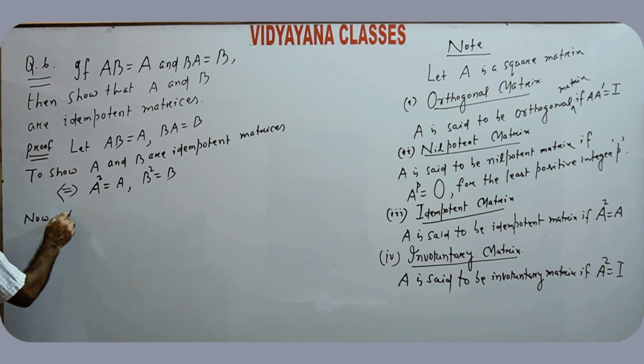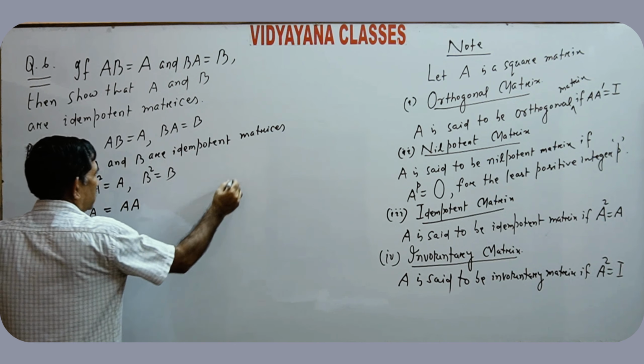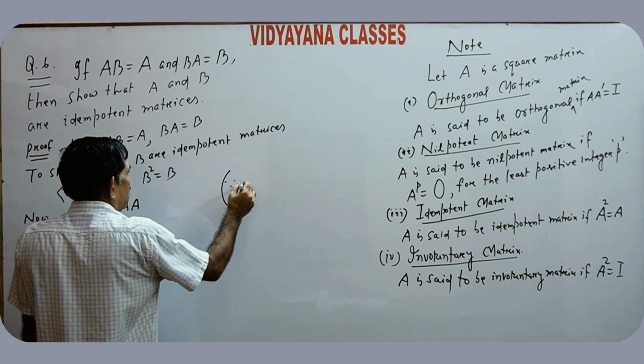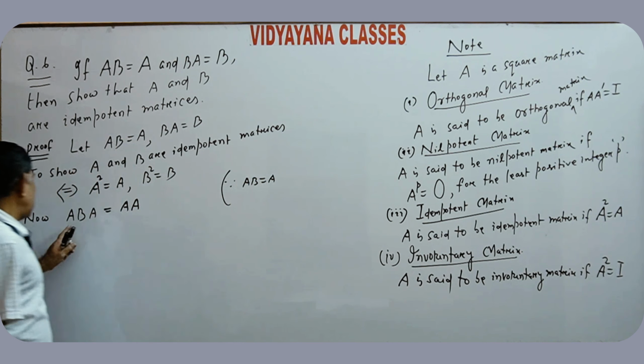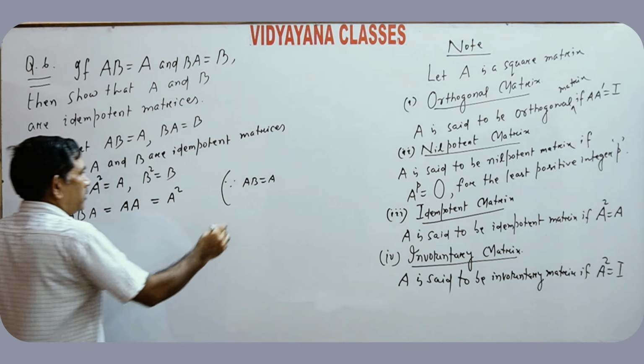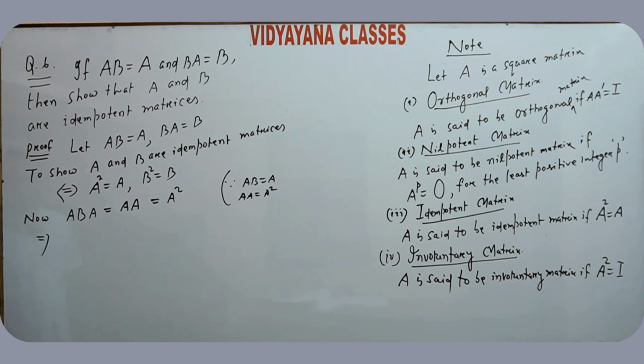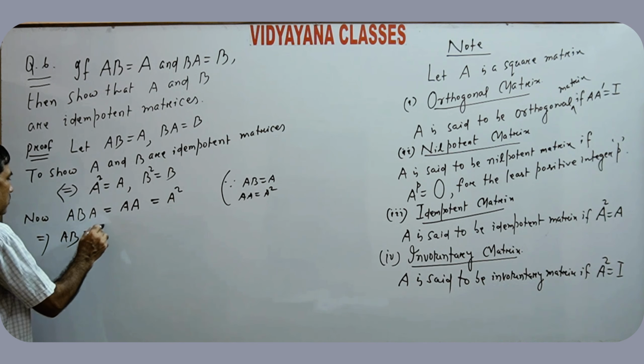Now, ABA. AB is equal to A, so ABA is A into A. Since AB is equal to A, it gives A into A, which is A square.